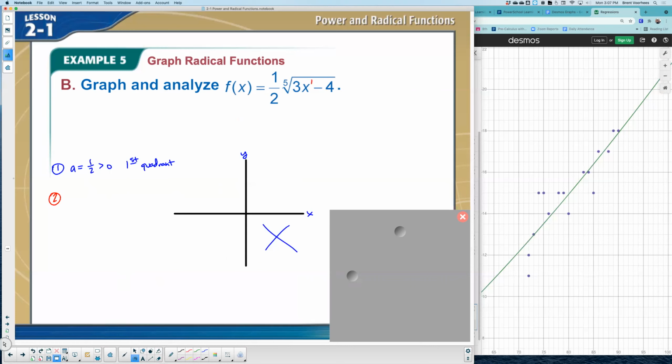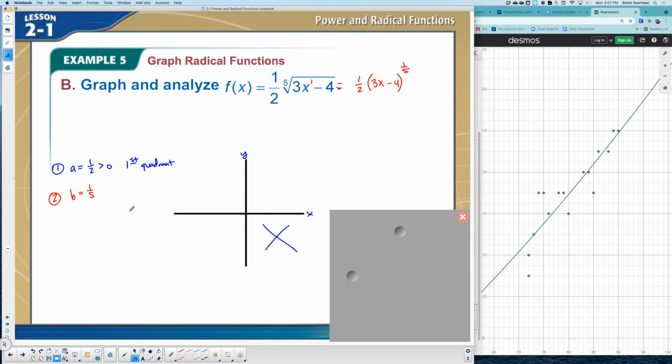So this is like saying the same thing as 1/2 times the parentheses 3x minus 4 to the power of 1/5, since it's a 1/5, because you're dividing by a power of 5. All right, so with that, my power is 1/5.